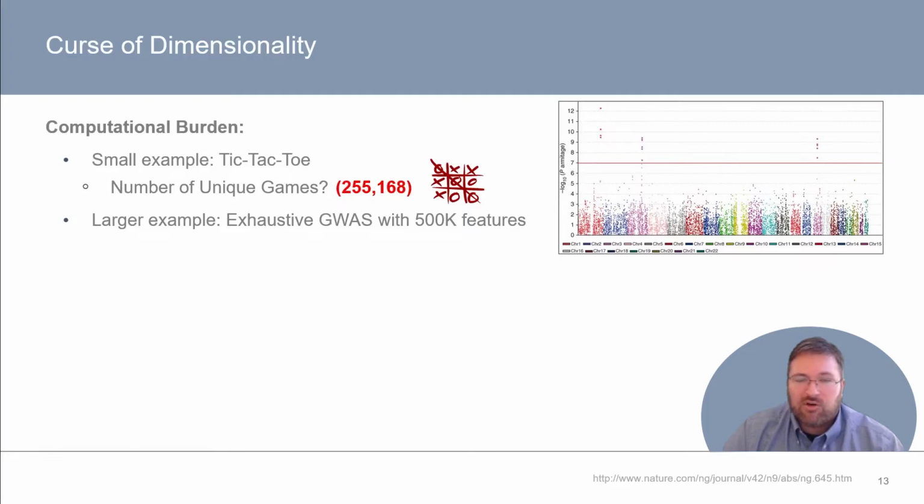Now consider a larger example, such as conducting an exhaustive analysis of 500,000 genetic variants and associations with outcome in a genome-wide association study, or GWAS. If we only looked at univariate associations, our search space would intuitively be 500,000 possibilities. However, what if we wanted to look at all univariate effects as well as all possible 2- and 3-way interaction effects among those 500,000 features?